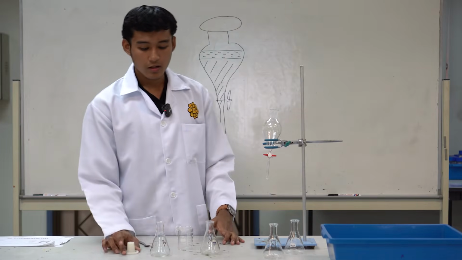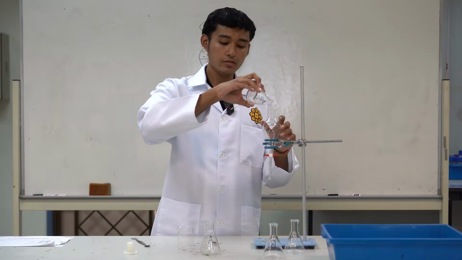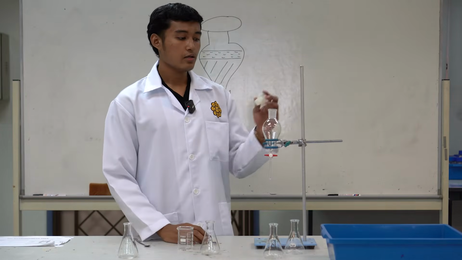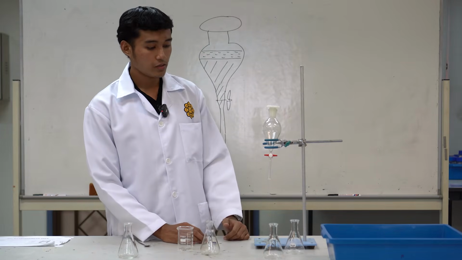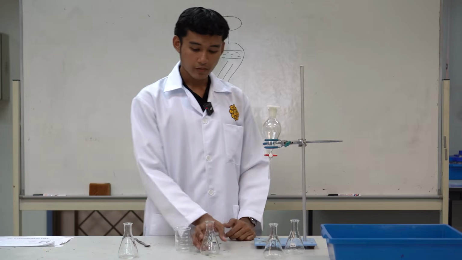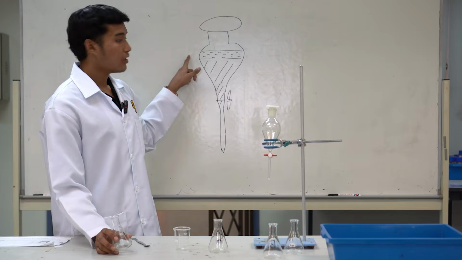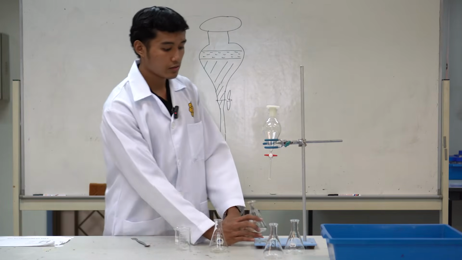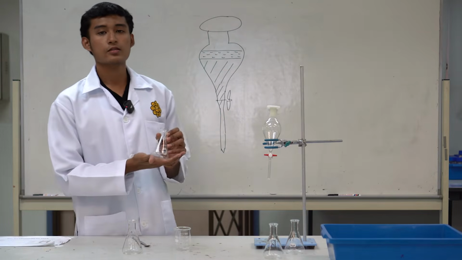We will pour the mixture into the separatory funnel, and then we add another 10 milliliters of sodium hydroxide. So we will repeat the extraction, and finally we will extract the mixture and have the fully extracted acid.